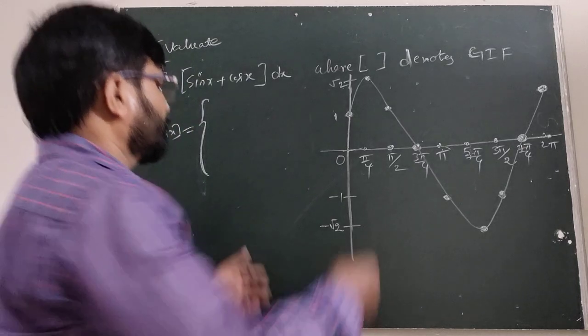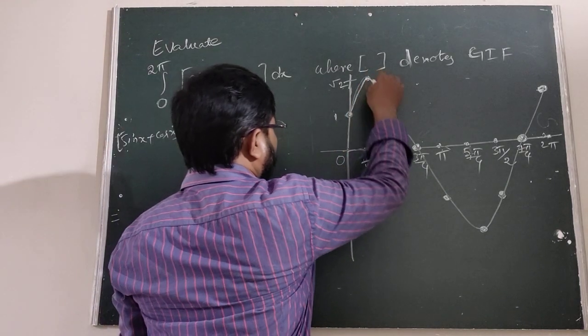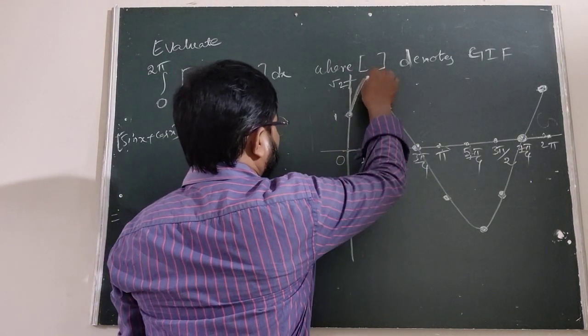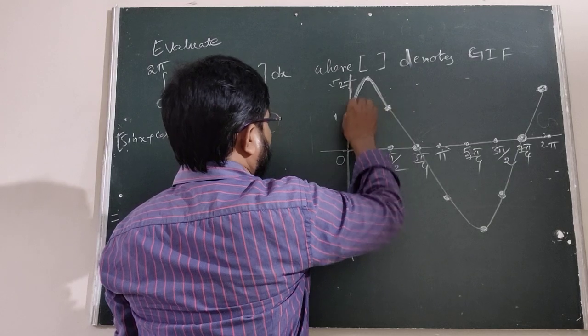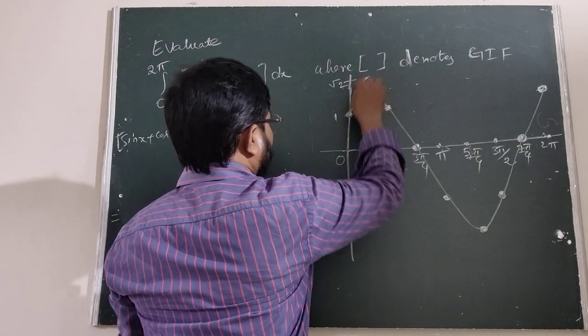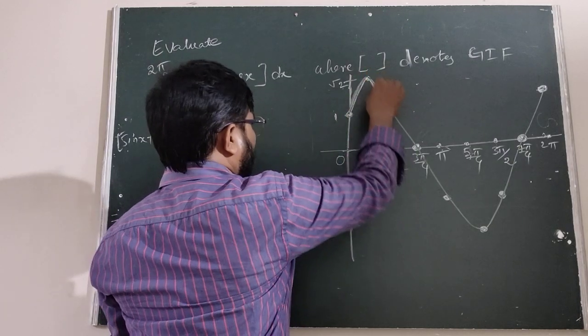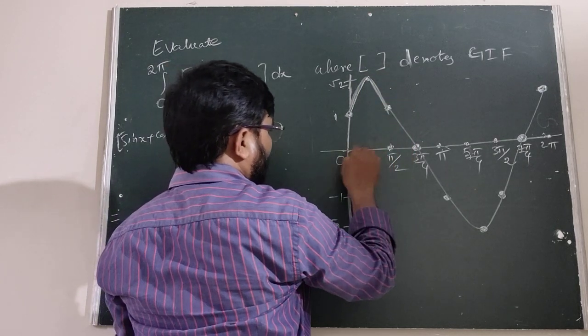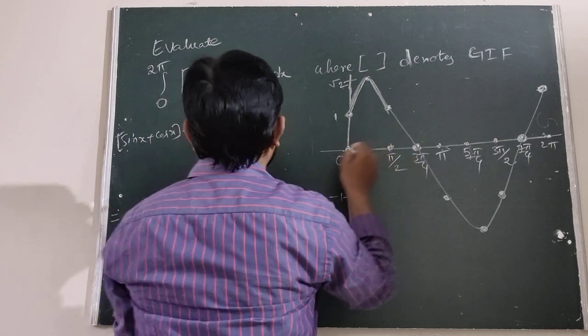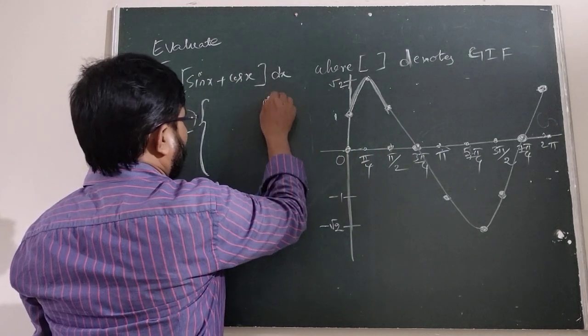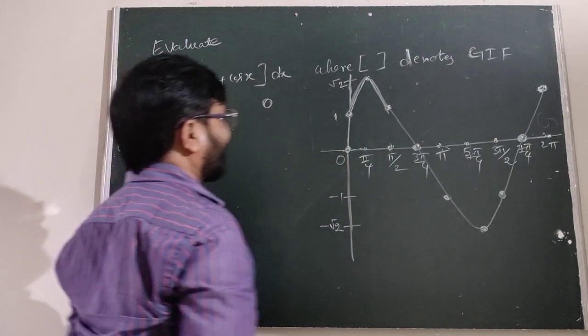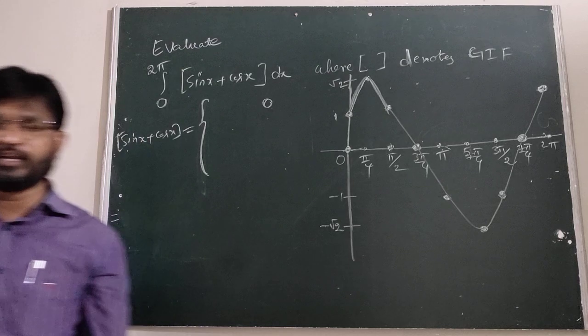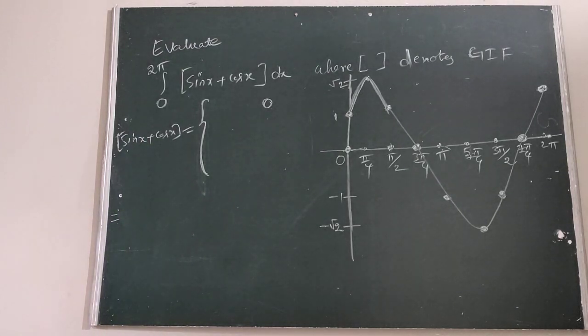Now we are looking at this shaded part, this bounded part. Therefore, here at 90 the value is 1. When we are taking 0 to pi by 2, we are getting all values between 1 and root 2.